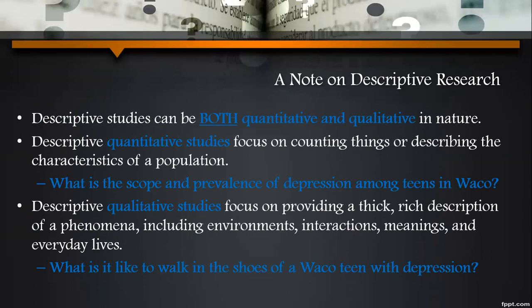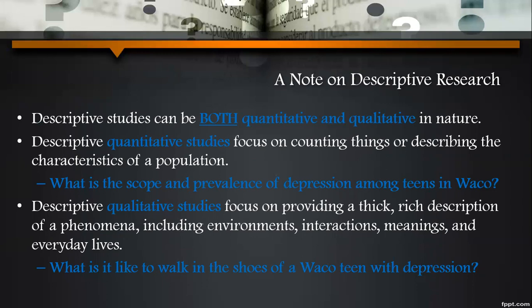So if we're just looking to describe the scope or prevalence, and remember I gave you some language or buzzwords early on that help us to determine whether a study is descriptive in nature. This is a descriptive quantitative question, because from this kind of question is going to come numbers, right? And so when we're producing numbers, then that means that our study is quantitative in nature.